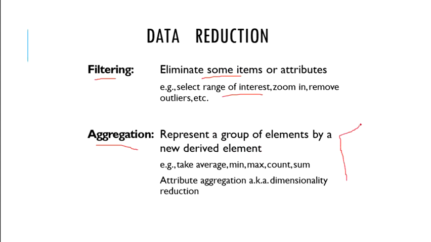So we see some similarity between a number of features, and instead of using those features as individual ones, we group them into one feature. So again, we end up with a lesser number of features than the one that we began with. So we use aggregation or grouping. For example, we can take averages, min, max, or count. We can do attribute aggregation, for example, just as we have in dimensionality reduction.